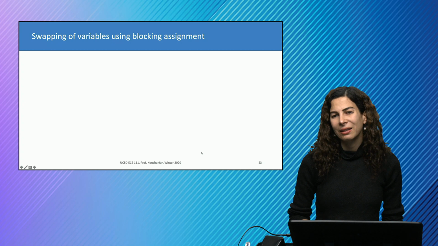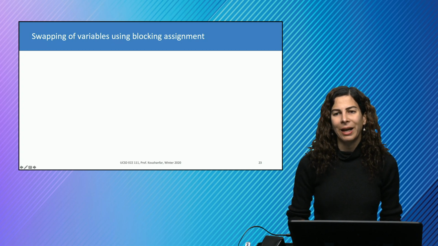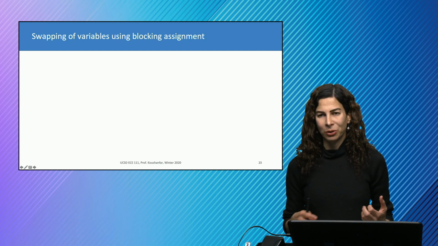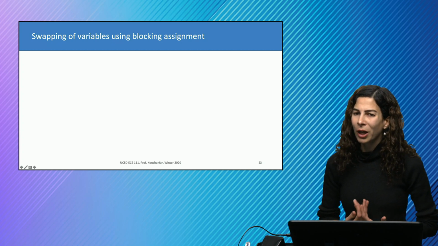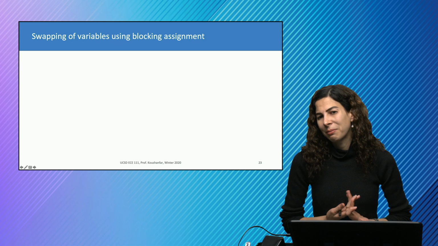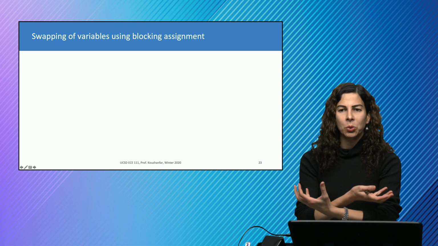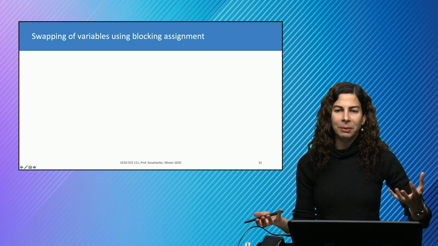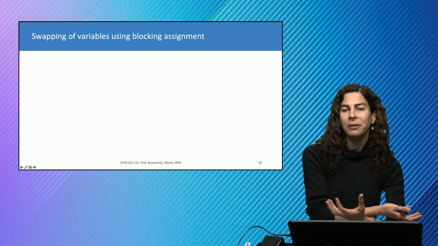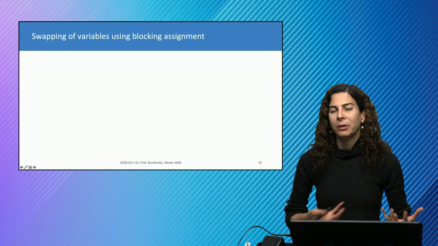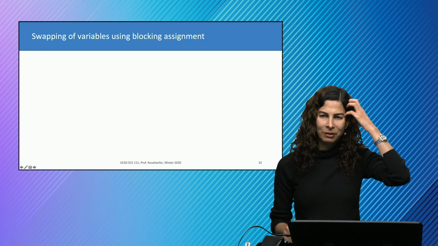Now let's think how swapping of the variables will happen in blocking assignment or combinational logic. If you have a combinational logic, we don't have a memory element. So if we have two values we want to swap, we can't really do that because if you put one into the other, since there is no memory, you're going to just delete one of the values.